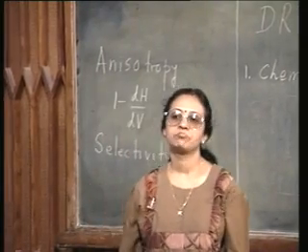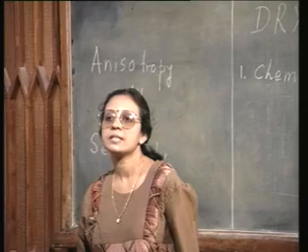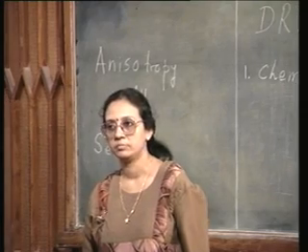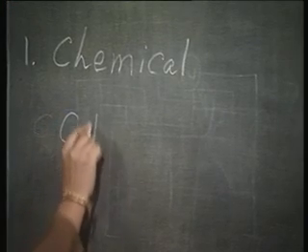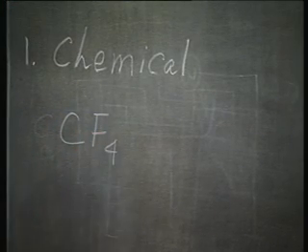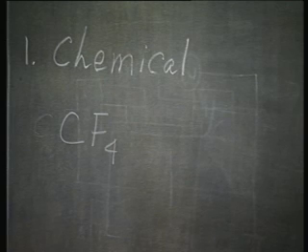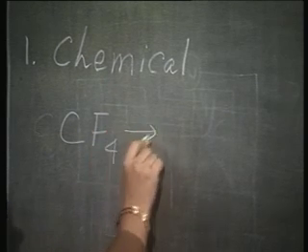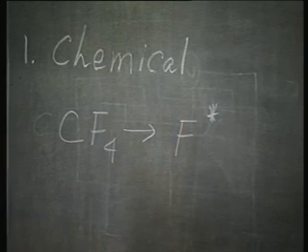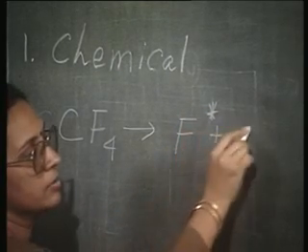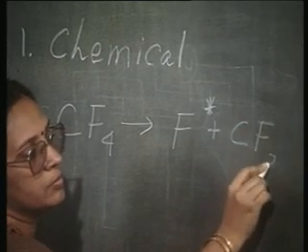Example is silicon etching in CF4 plasma, okay. CF4, carbon tetrafluoride. In the plasma you have active fluorine plus CF3.